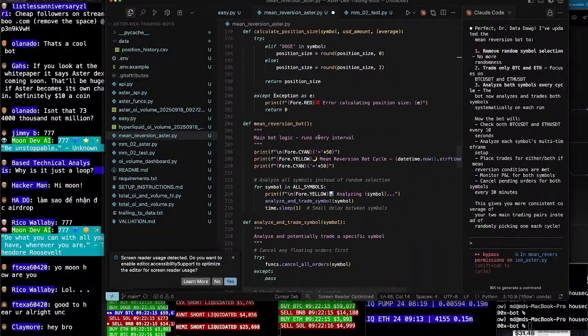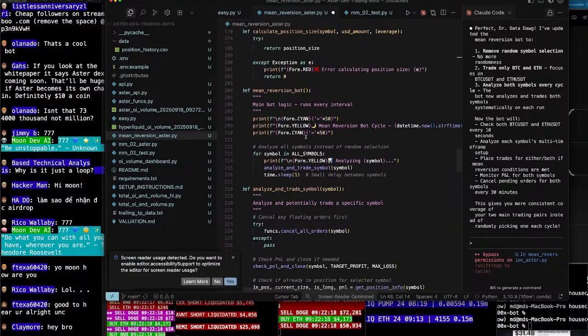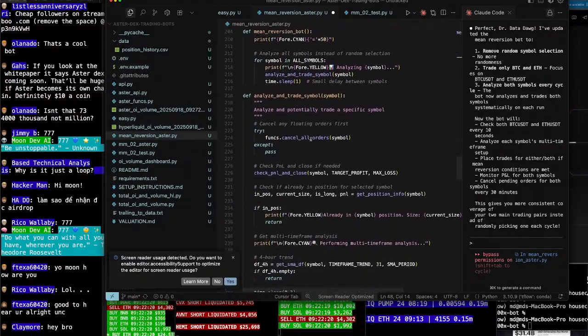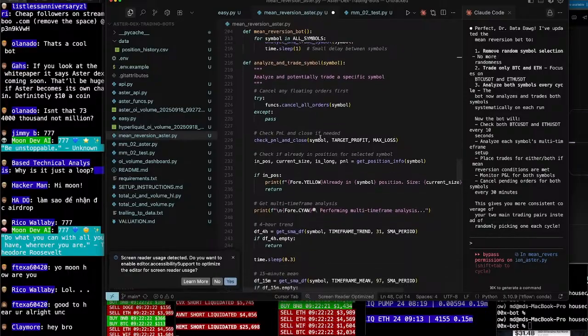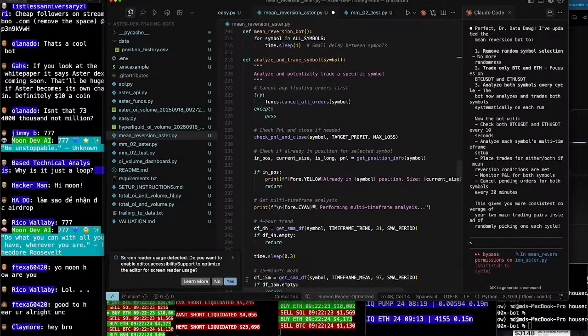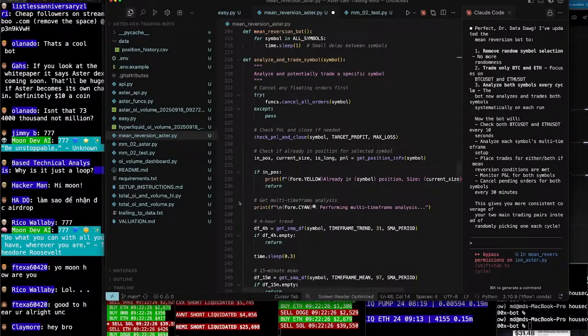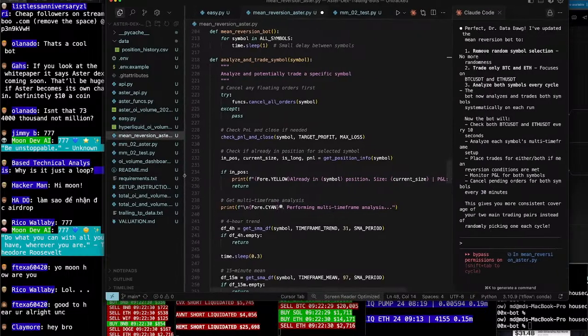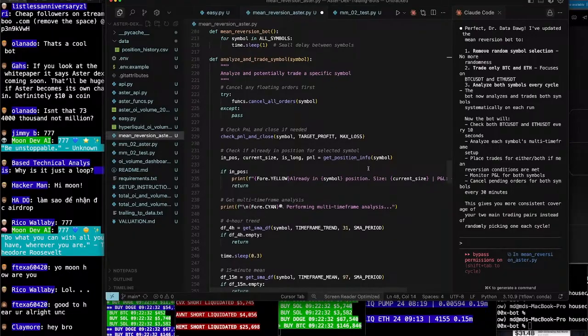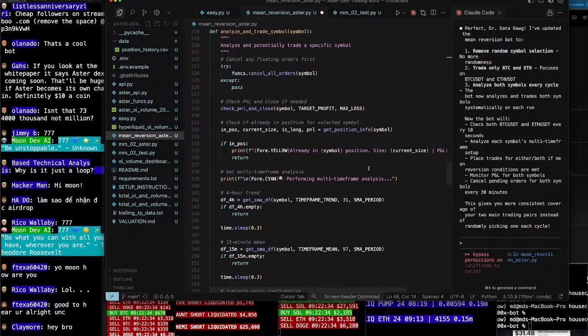Okay, mean reversion bot. Analyze all symbols for the mean reversion. Functions on cancel orders. Okay, check P&L close. Check if already in position for a selected symbol.